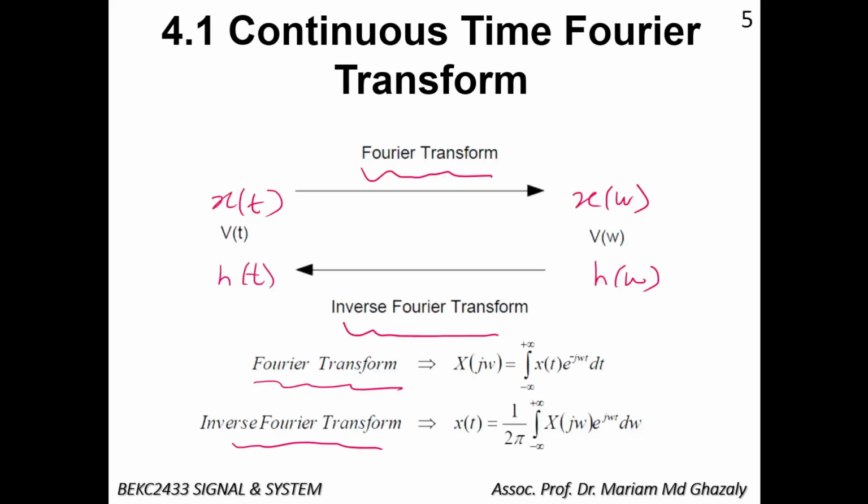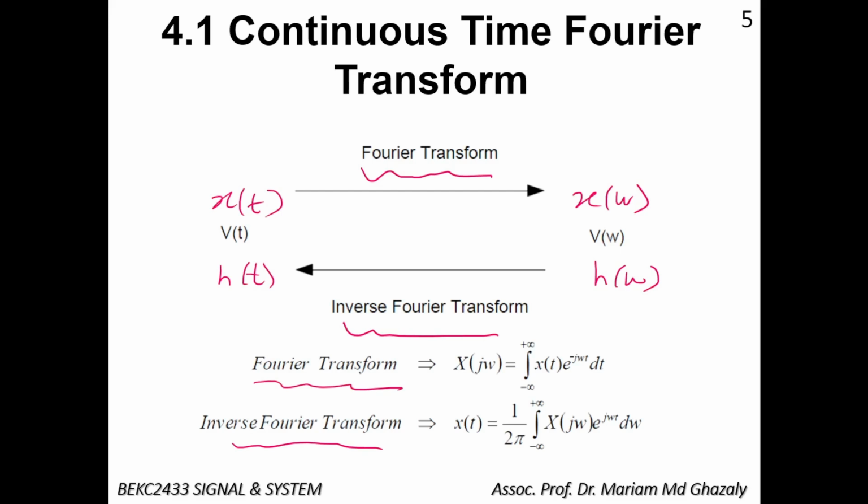So this is what it means. Basically you have in time domain given x(t). When you want to find the signal in frequency domain, you are going to use Fourier transform. So it becomes X(omega); basically t becomes omega.